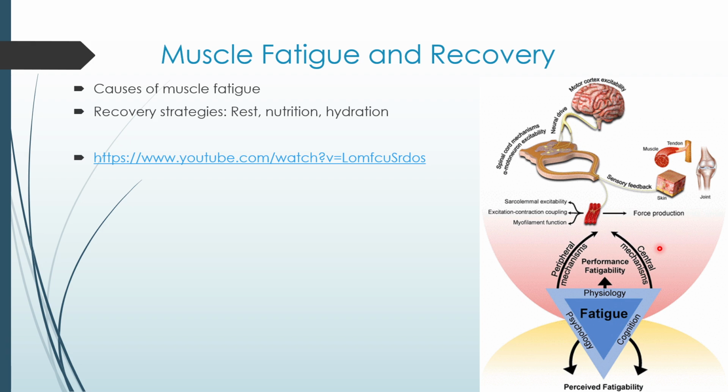So what are the reasons? This image clearly indicates how things are going on inside the muscles in order to get the fatigue. So the causes of muscle fatigue are very important. We have to study it very clearly, where all the anatomical and important things about muscle fatigue are included in the video itself.